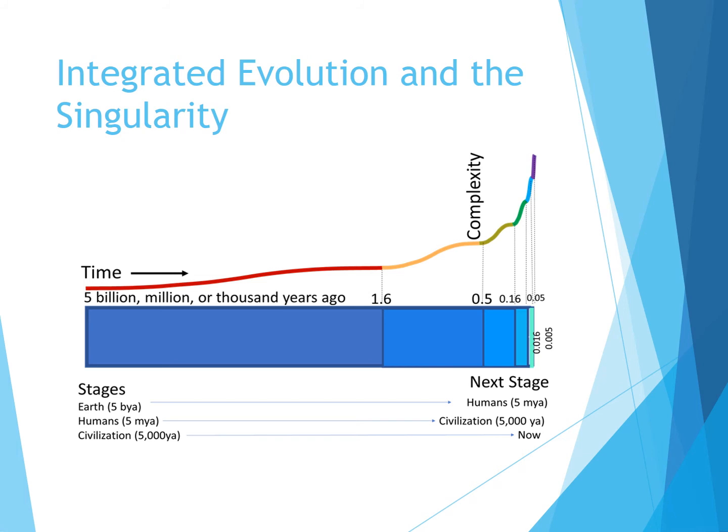So here we have about 6 different settings. For example, the civilization started about 5,000 years ago. About 1,600 years ago, that is in year 400, the ancient civilization fell and was replaced with feudal structures.